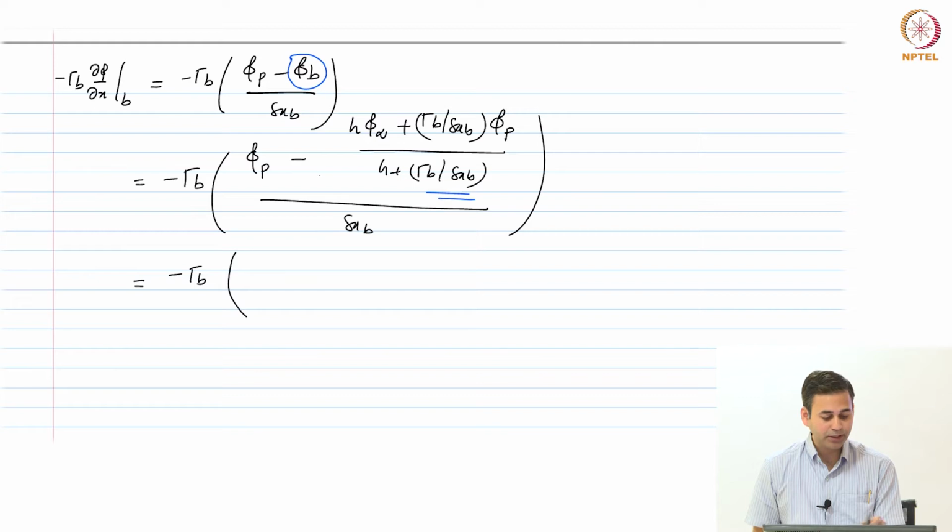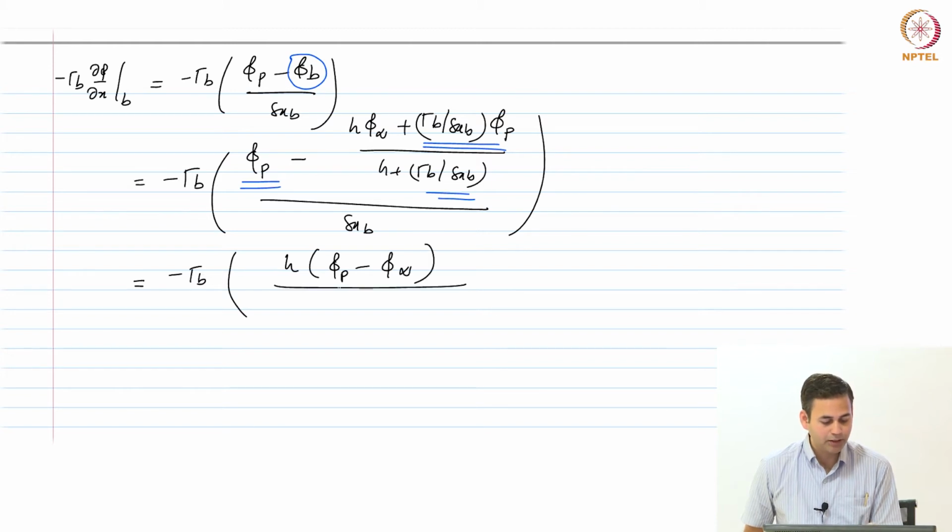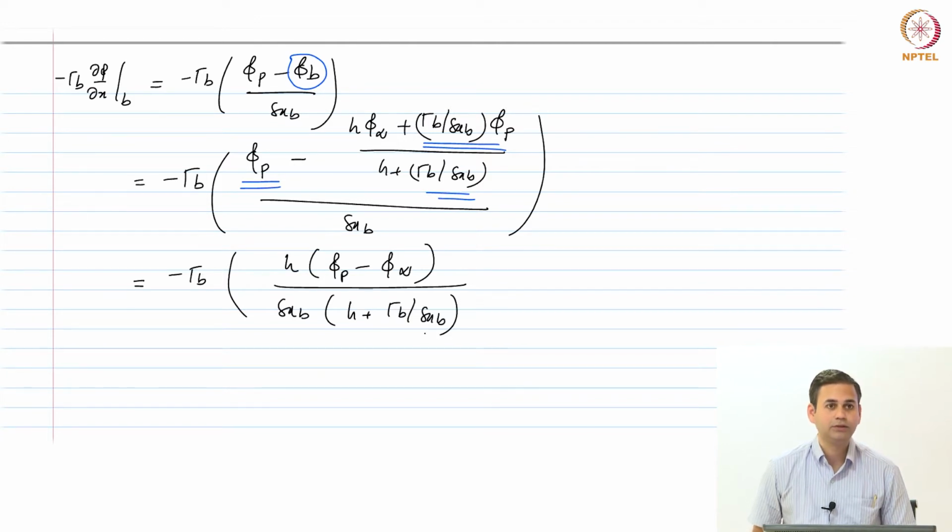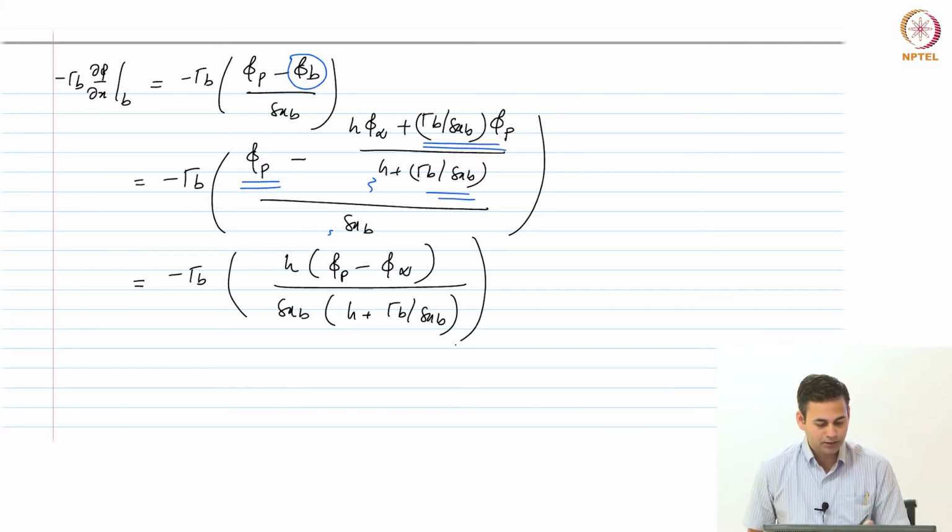Gamma b by delta x b times phi p is a positive here, and there is a minus here, so gamma b by delta x b times phi p, this gets cancelled, okay? So what remains here is what? h times phi p minus phi infinity divided by delta x b times h plus gamma b by delta x b, right? So this denominator still remains and gets multiplied with this guy. That's what we get, right?